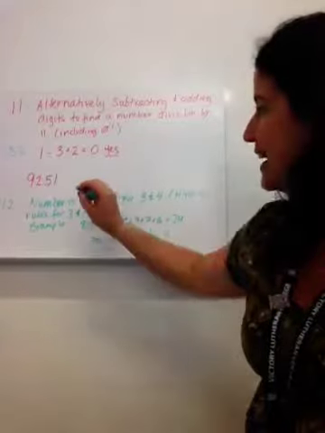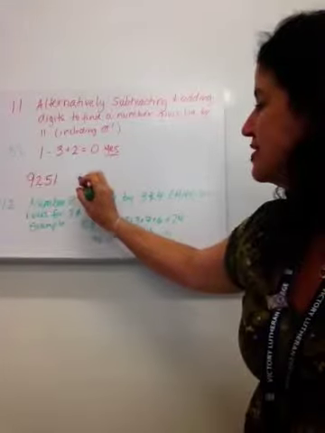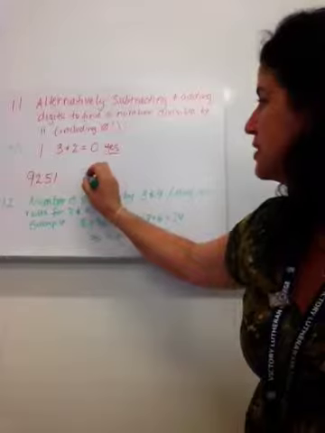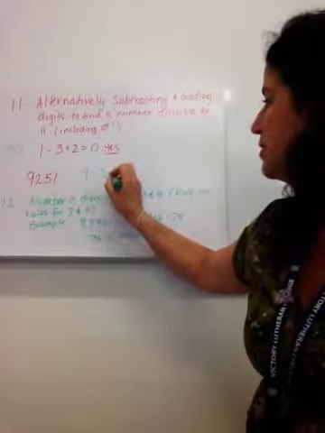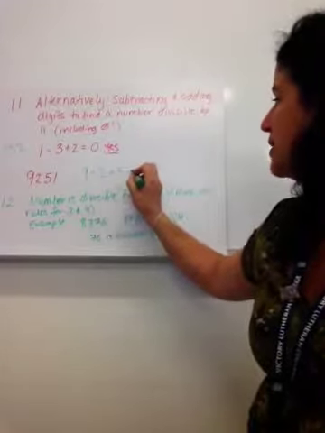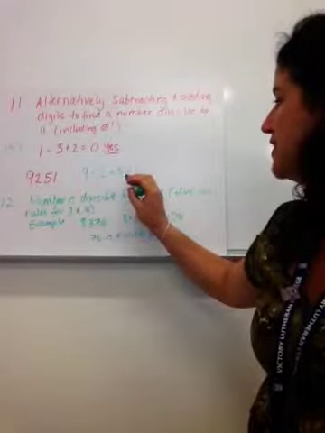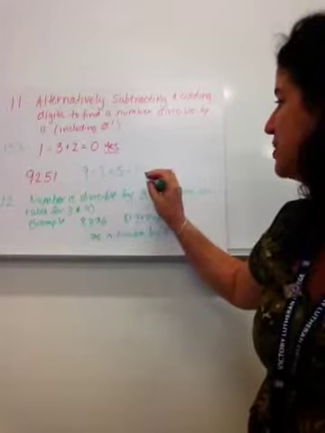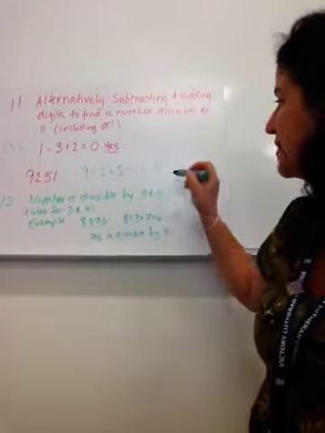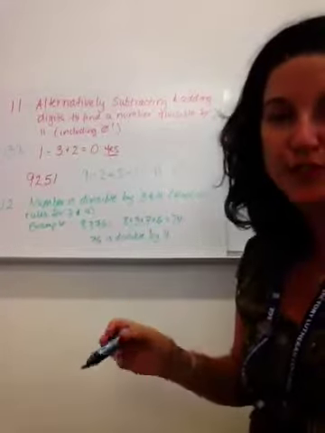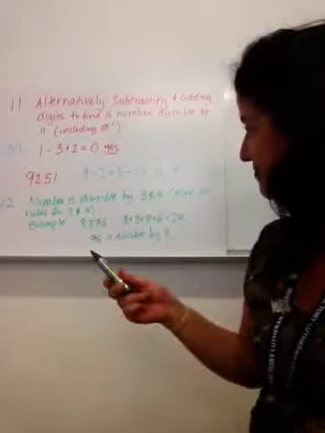Okay, so let's try this one, 9,251. So we'll do 9 minus 2 plus 5 minus 1. So 9 minus 2 is 7, plus 5 minus 1, and we get 11. So yes, 9,251 is also divisible by 11.